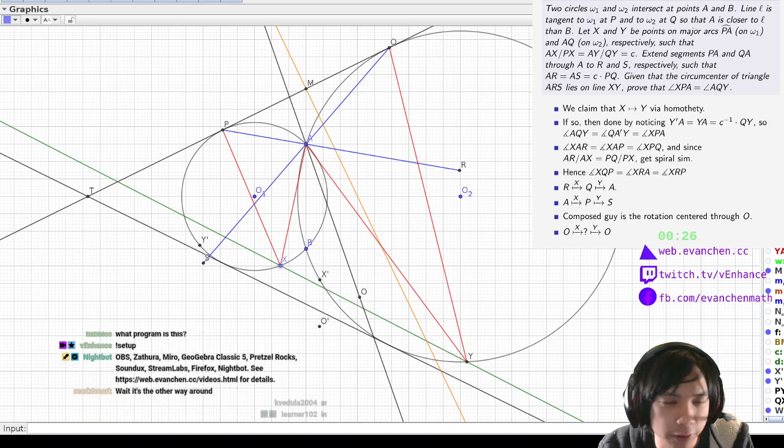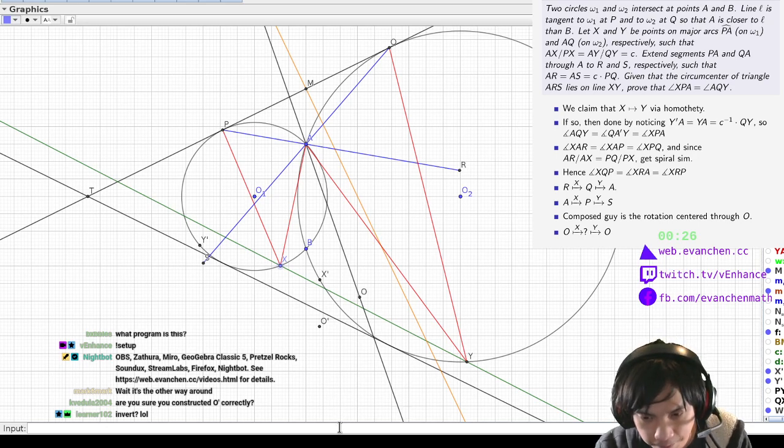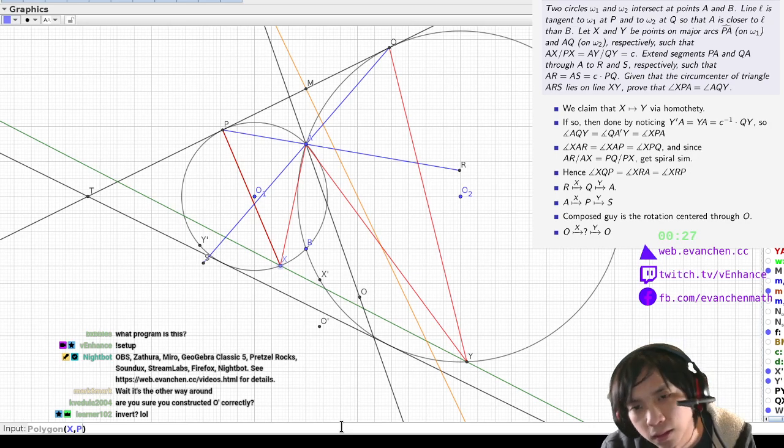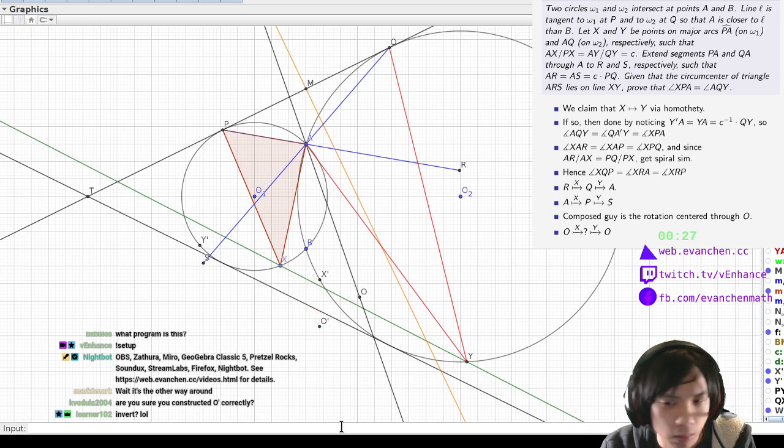But I was supposed to compose the spiral sims. Am I sure I constructed O prime correctly? I think so. Invert?